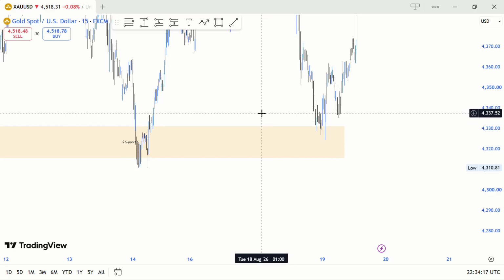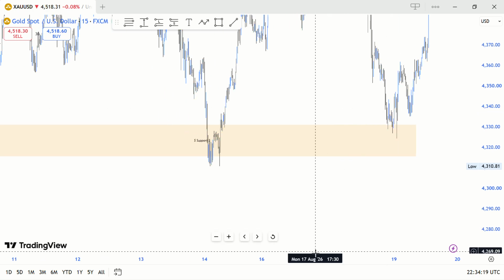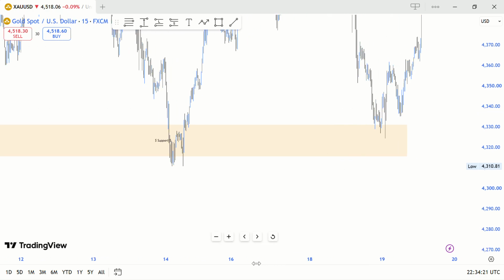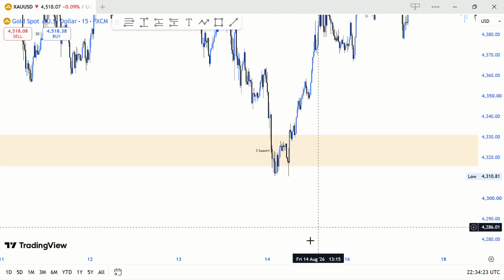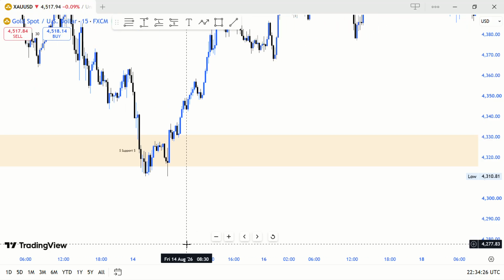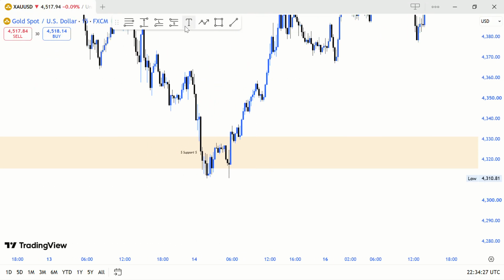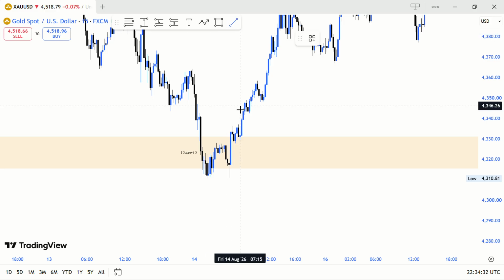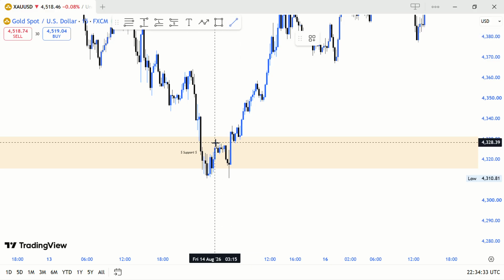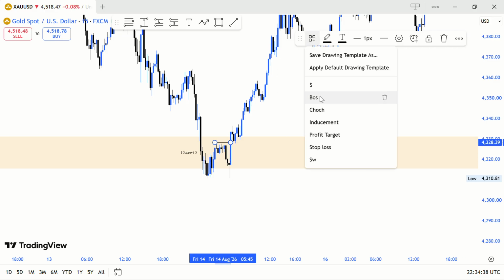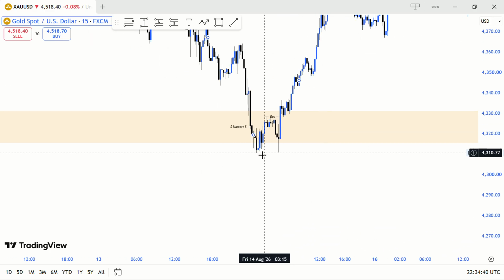But I stick to the rules, guys. So what is the rule? Whenever I see my FVG, it is always respected. I noticed there was a move here, which is of course obvious.